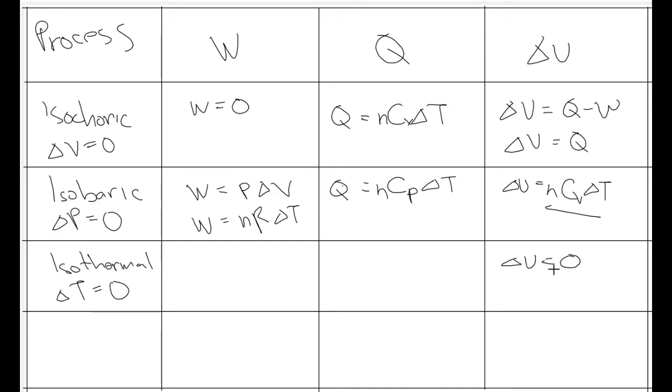And since delta U is equals to 0, in this equation, 0 is equals to Q minus W, which means Q is equals to W and W is equals to Q.